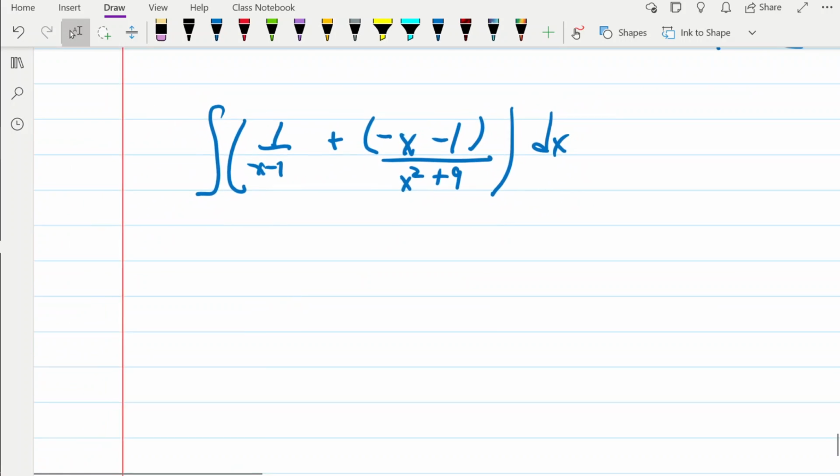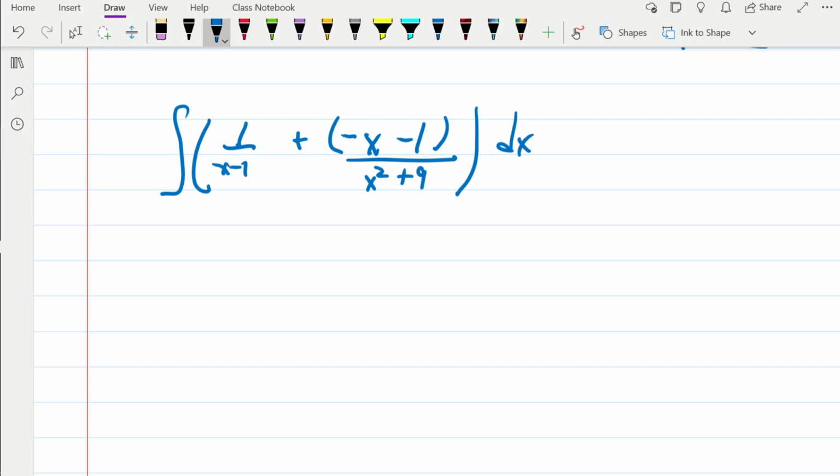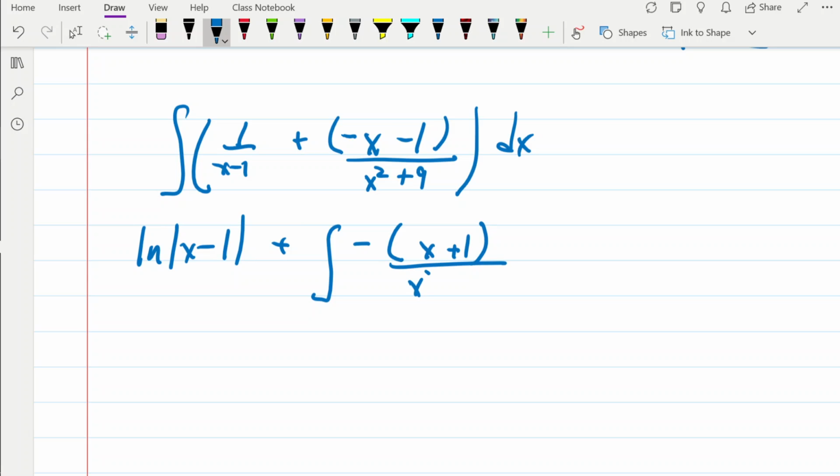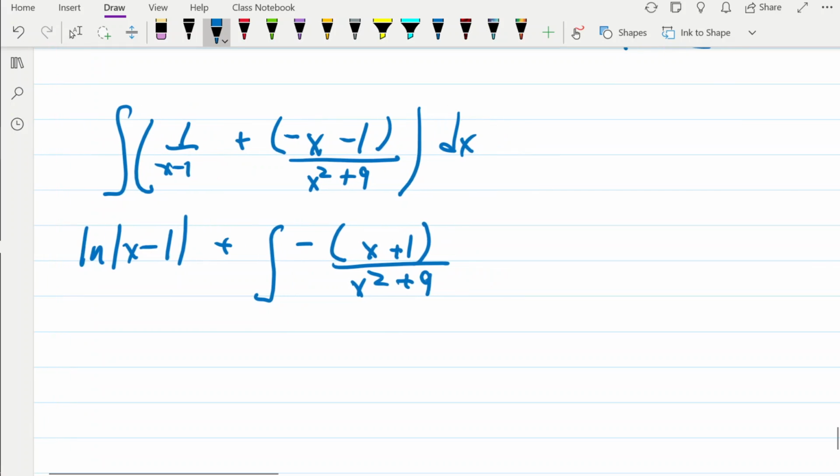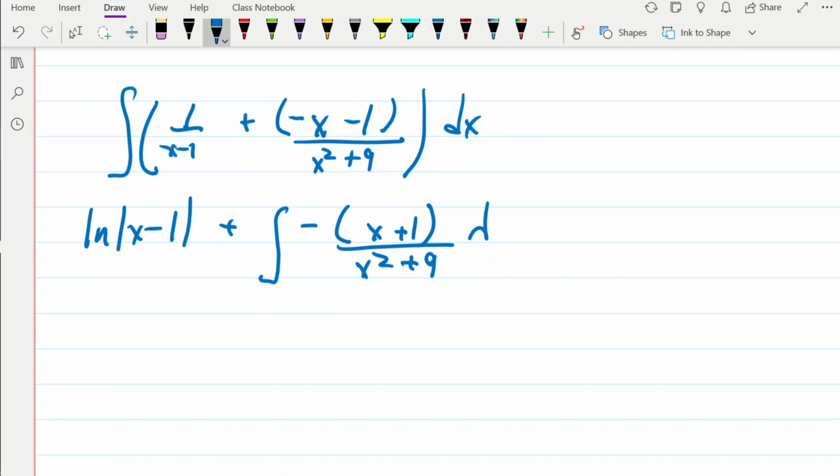All right, from here we can split our integral into two parts. I'm just going to integrate this first part, which is going to be ln of the absolute value of x minus 1, plus the integral of opposite x plus 1 over x squared plus 9 dx.